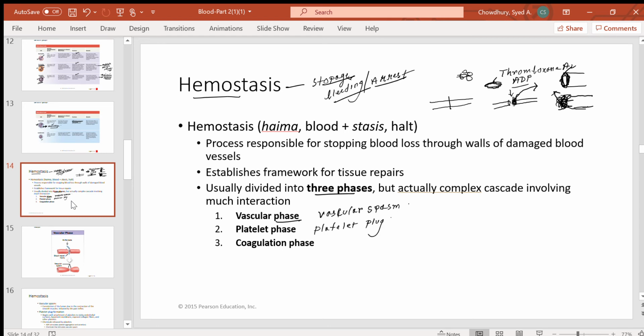That is phase 2. And then what will happen, not only platelets but also a plasma protein. I mentioned two things cause formation of clot or coagulation. One is the platelet and another is the fibrinogen, the plasma protein, you must remember from part 1.